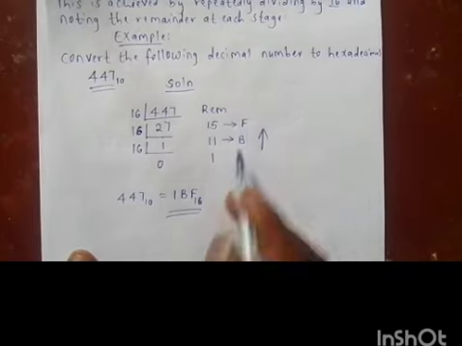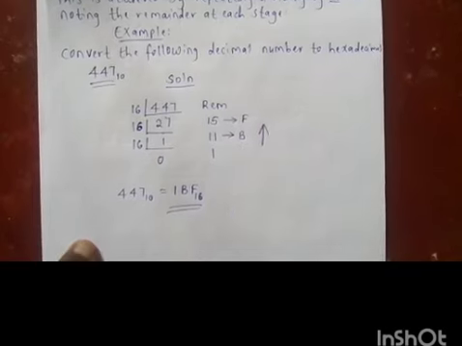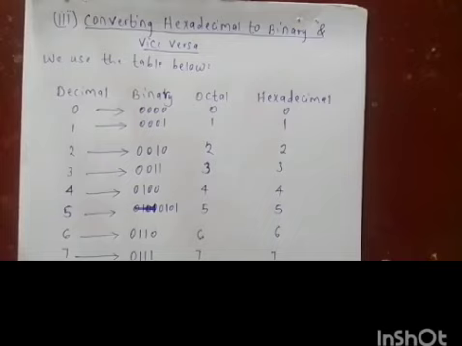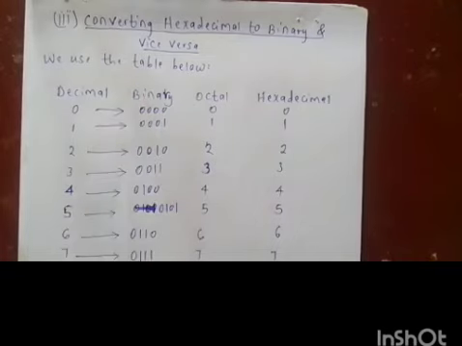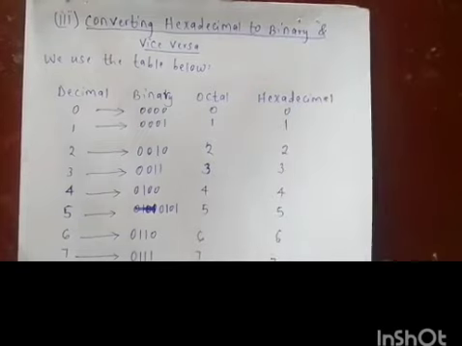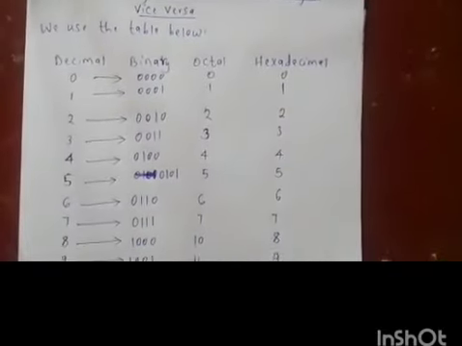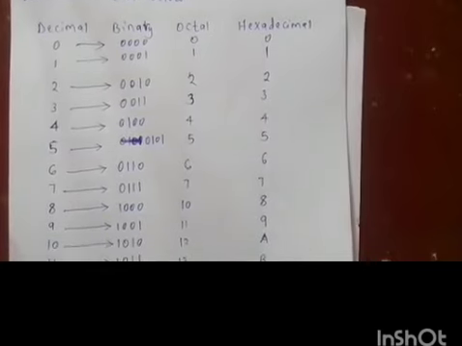Right. Third part is on converting hexadecimal to binary and vice versa. So here we are going to use this table given here. So this is the table we are going to use in converting hexadecimal to binary and vice versa.